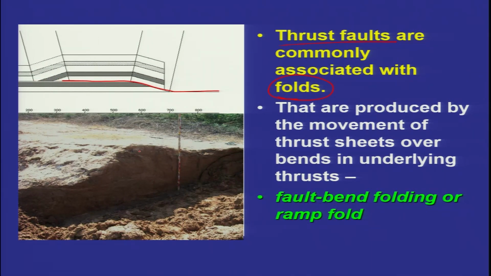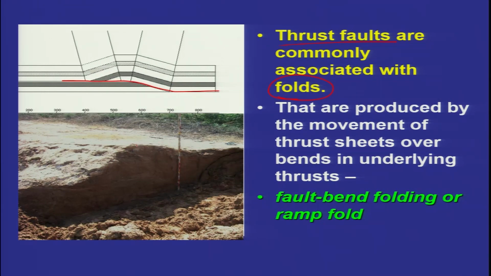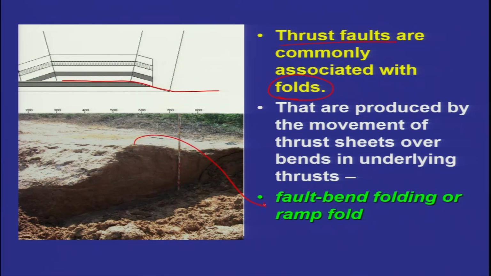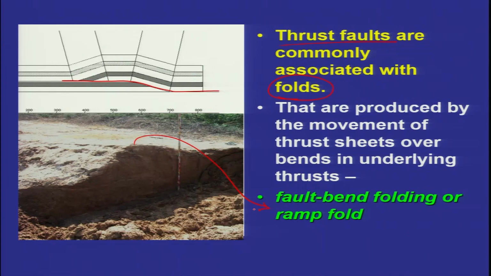The fold which has been developed is termed fault bend folding, or a ramp fold. This is the typical deformation you will come across in a compressional tectonic environment, mainly along thrust faults.